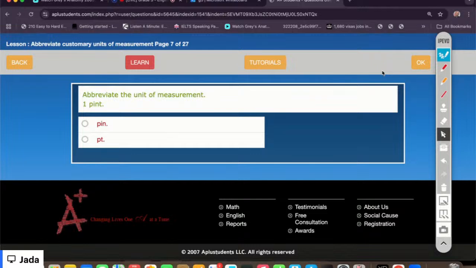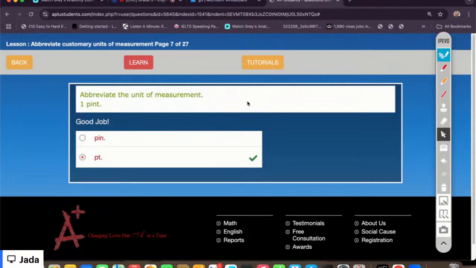What is the right one? So PT. All right.